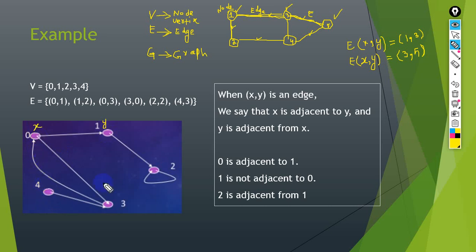Then below, we gave an example that 0 is adjacent to 1. Look at this, 0 is adjacent to 1. 1 is not adjacent to 0. We can say that 0 is adjacent to 1 but 1 is not adjacent to 0. We can say that 1 is adjacent from 0.